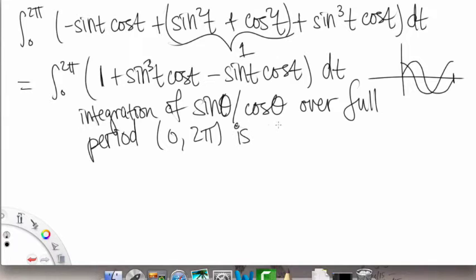So integration over that is just 0, because when you integrate on an actual graph, it turns out to be 0 for both of them.